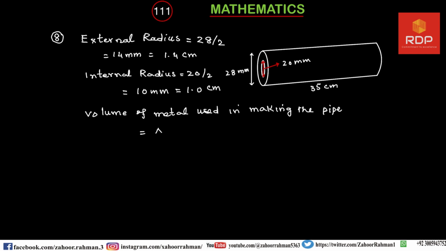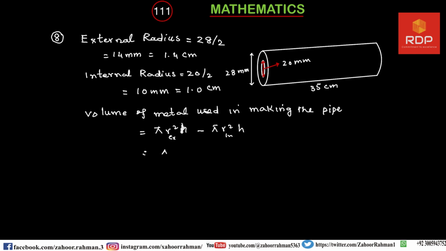We understand the formula is pi r squared h. So we use the external radius, so I am writing external pi r squared h, minus pi r squared internal h.